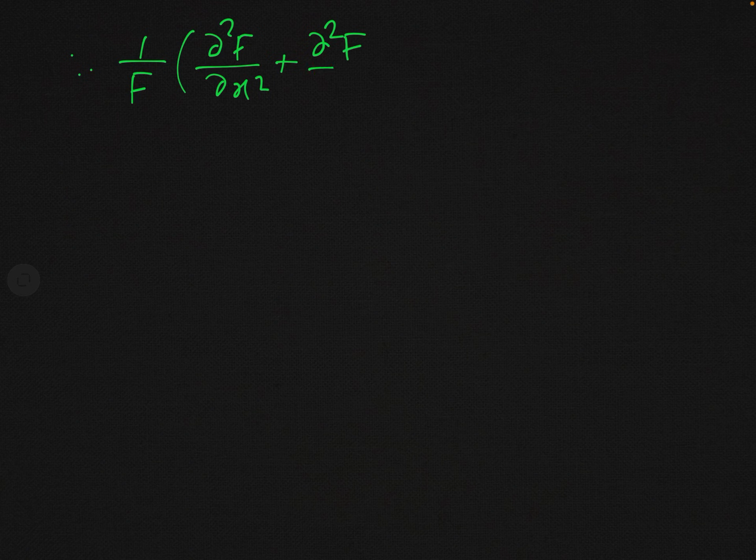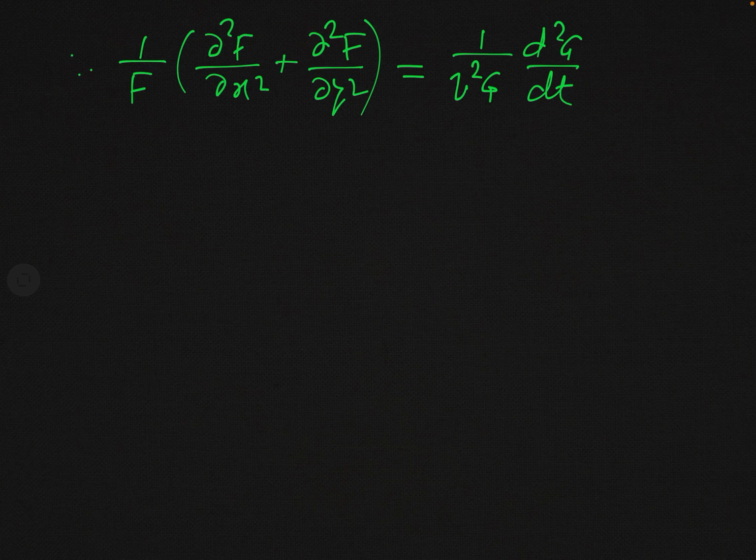Therefore our result will be 1 over f del 2f by del x square plus del 2f by del y square, and this will be equal to 1 over v square times g, d2g by dt square.